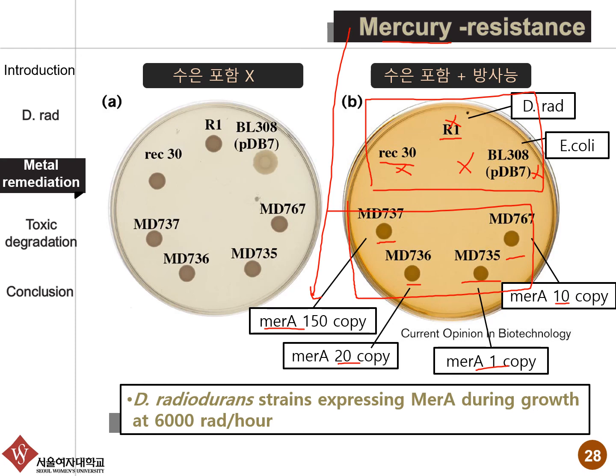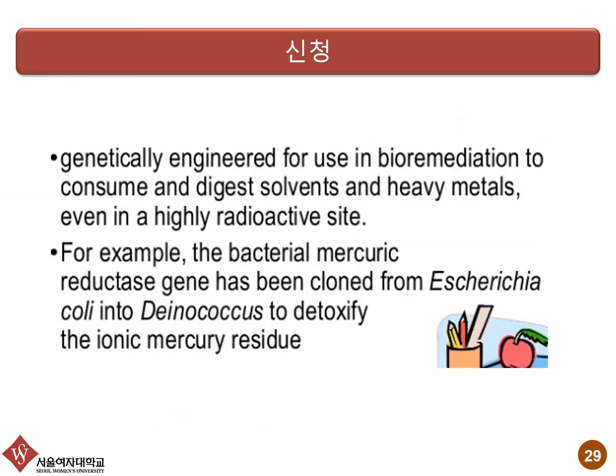So we can utilize such bacteria for the remediation of mercury from the environment, which also contains radiation. So the genetically engineered bacteria, the Deinococcus, can be used for bioremediation to digest solvent and heavy metals even in highly radioactive sites.